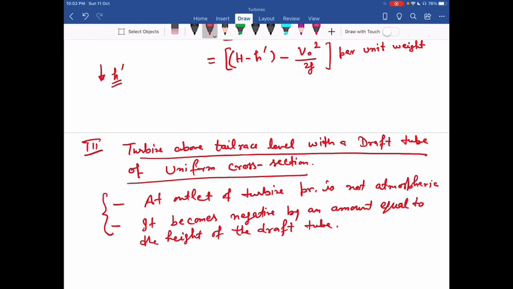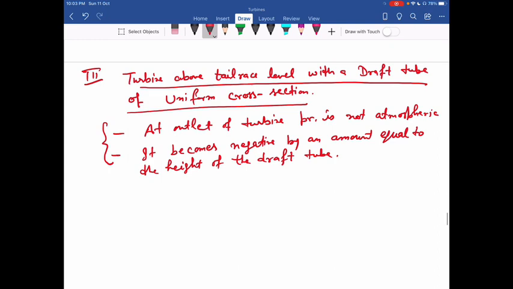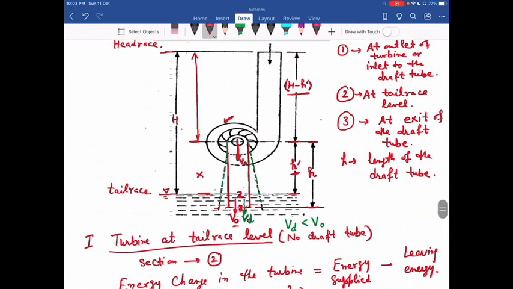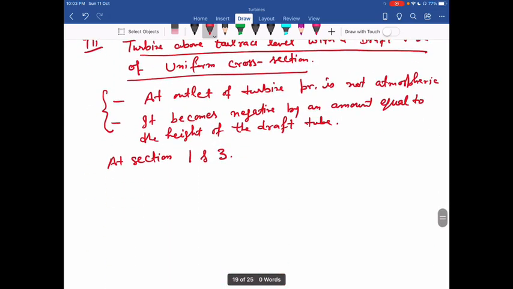So for that, now I am going to apply the Bernoulli's theorem at section 1 and 3. So when I apply the Bernoulli's theorem at section 1, you can see in this diagram. So at section 1, the pressure is PO, pressure intensity is PO.